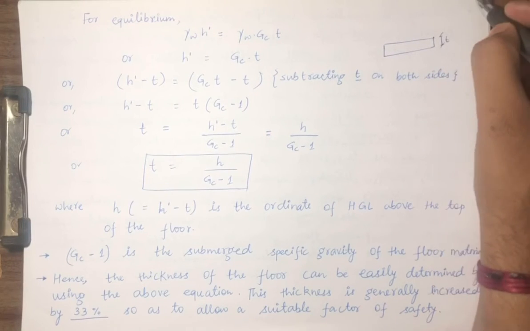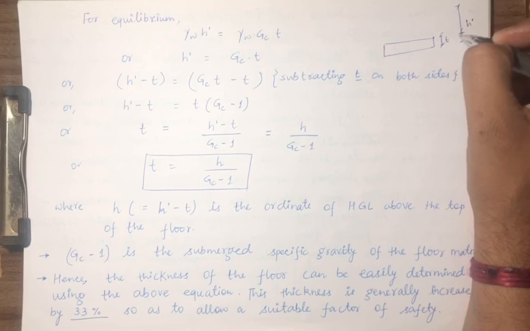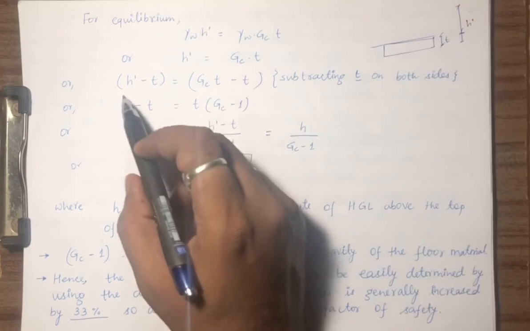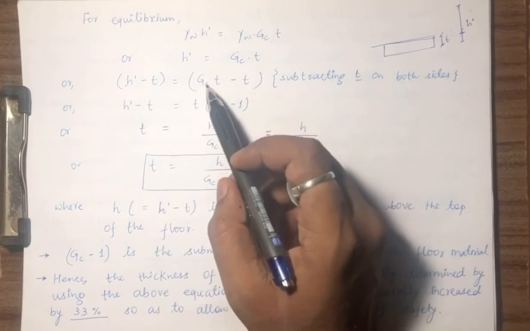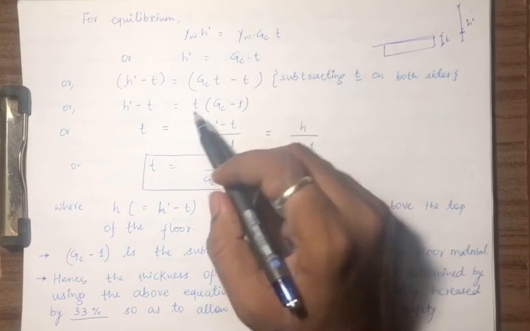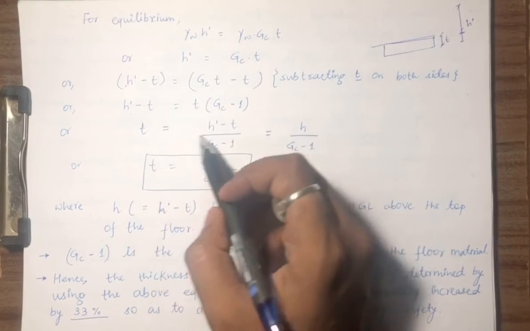thickness t and this is the h dash. So h dash minus t will be the net head above this floor. Subtracting t from both sides, h dash minus t is equal to Gc into t minus t. So t will become common: (Gc minus 1) t is h dash minus t.